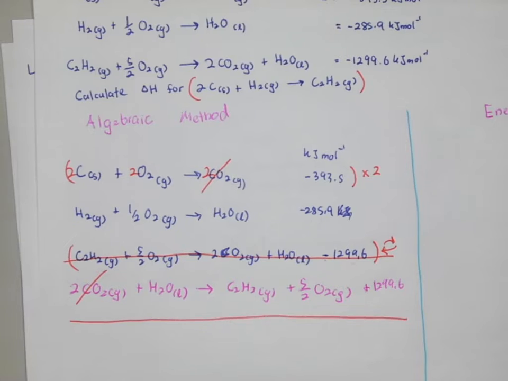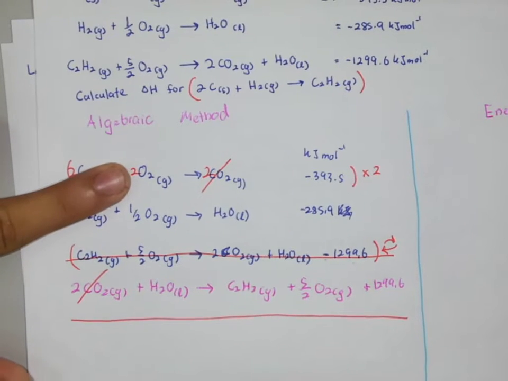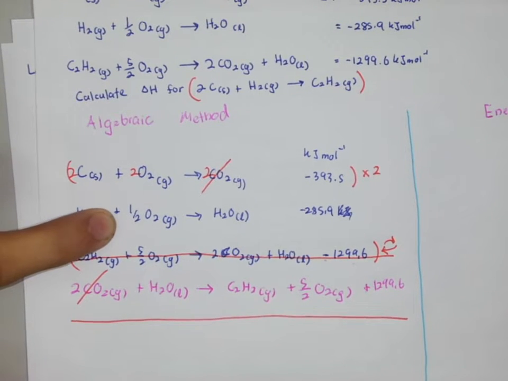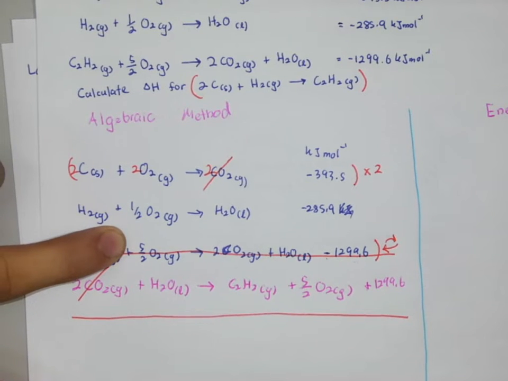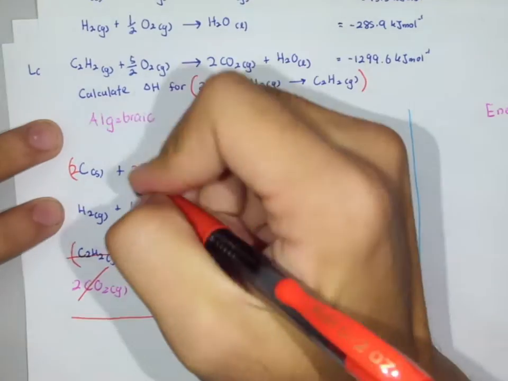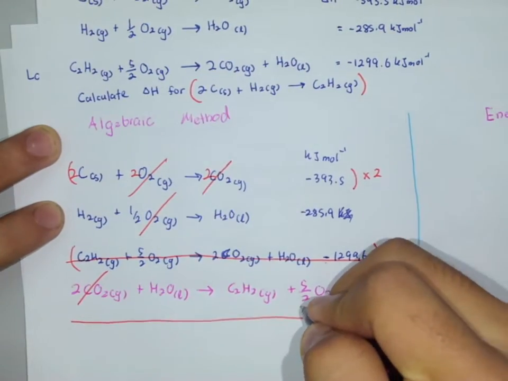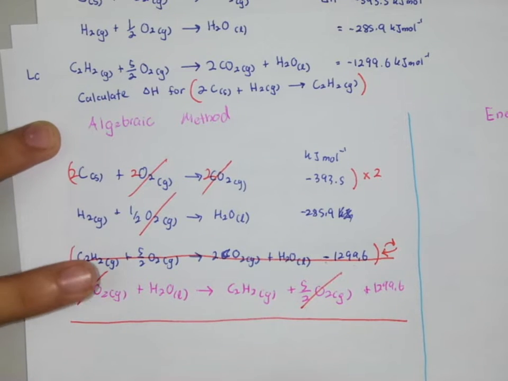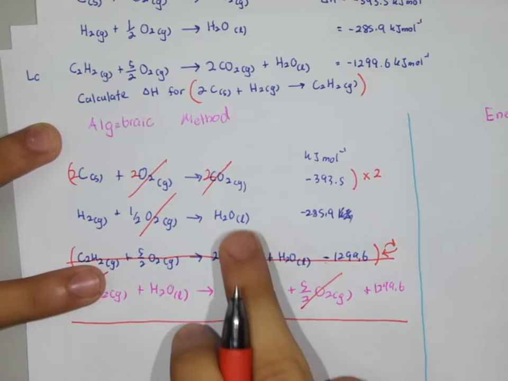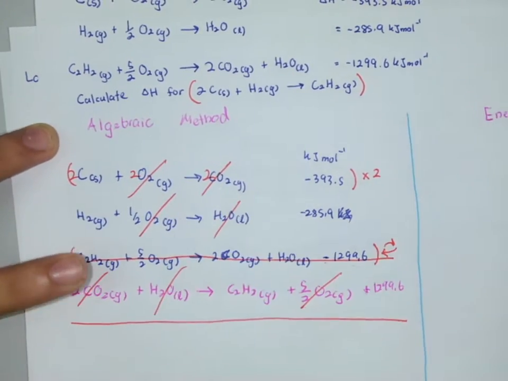If you look here there is 2, and here there is half. 2 plus half is equivalent to 5/2, as an improper fraction, so you can cancel it out. Once you have cancelled that, one other thing you can cancel is water. Cancel the water.